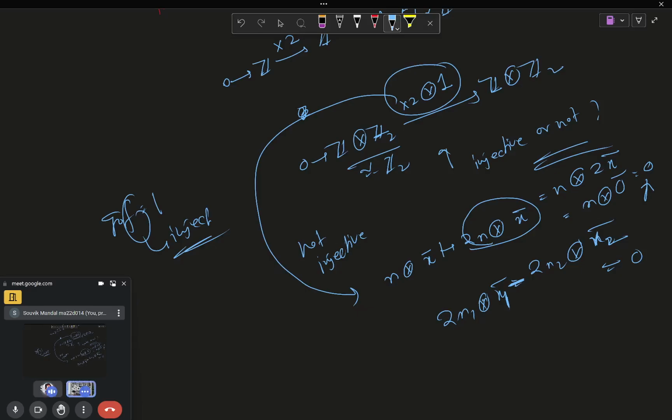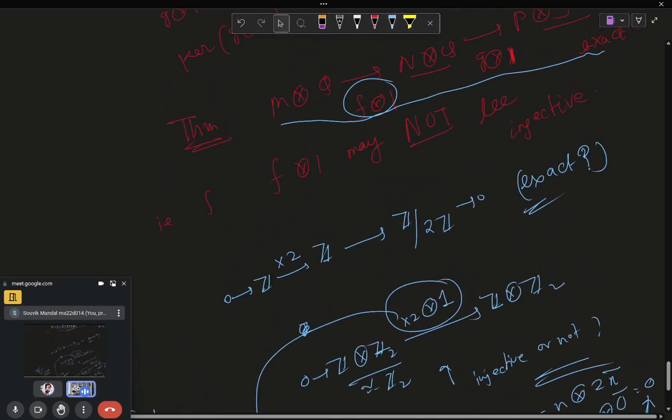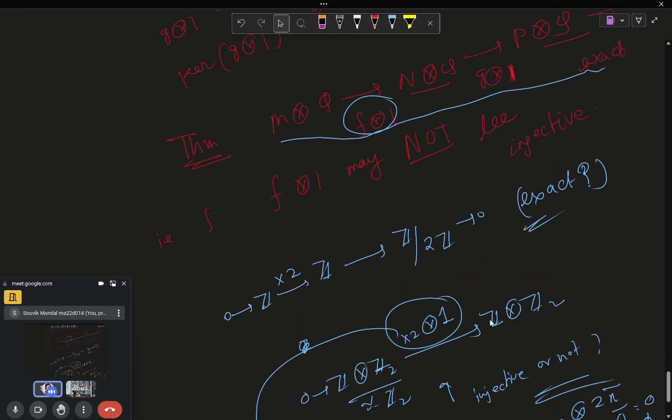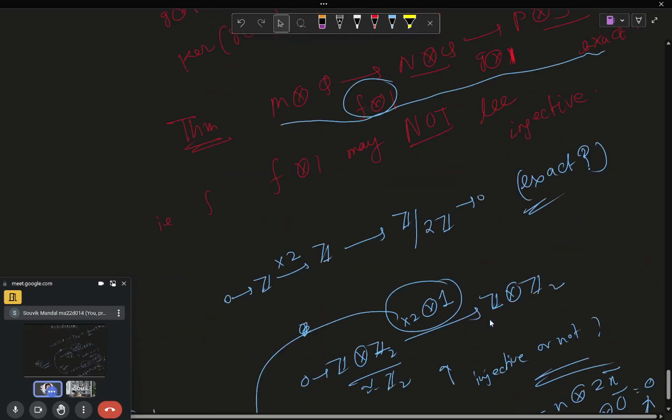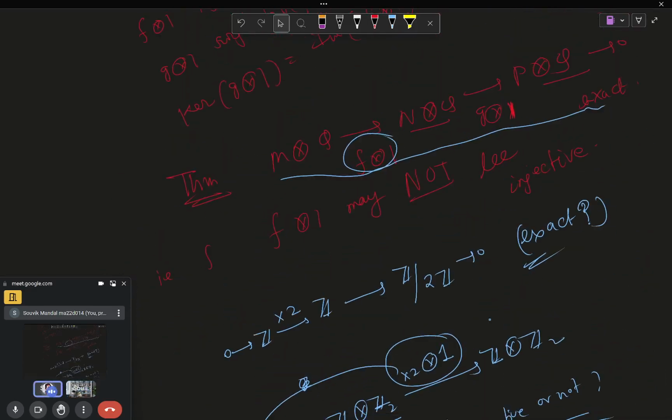So that's what it is. The tensor product may not carry an injective map to an injective map. That's the problem. That's why, in this theorem, the three terms on the right side make the exact sequence. So that's why we discussed the first term. Do you understand now? The first, F tensor 1, may not be injective.